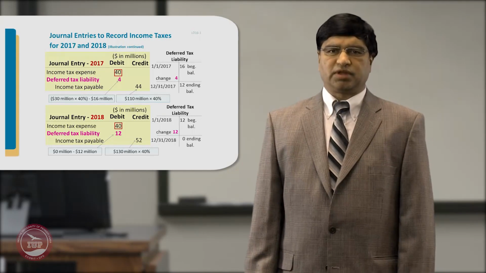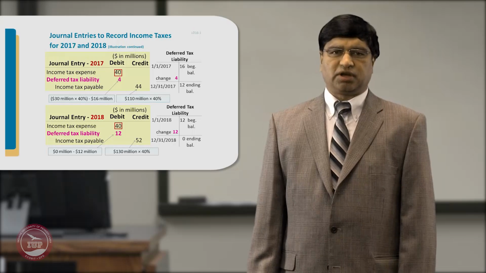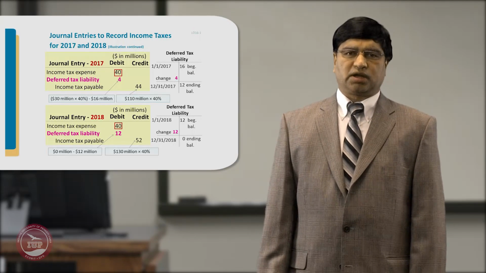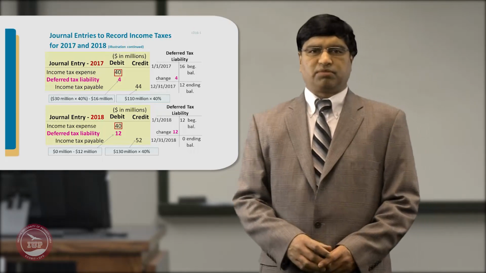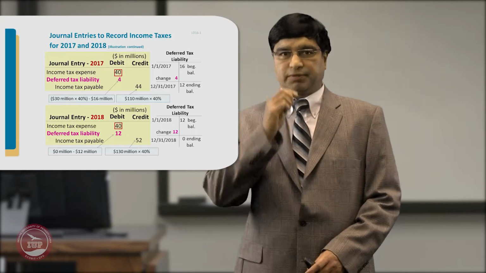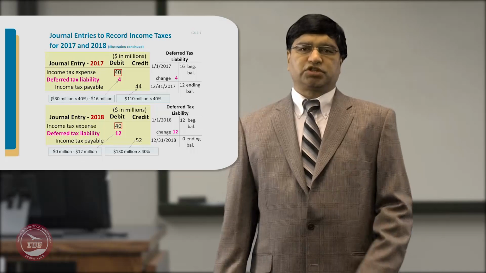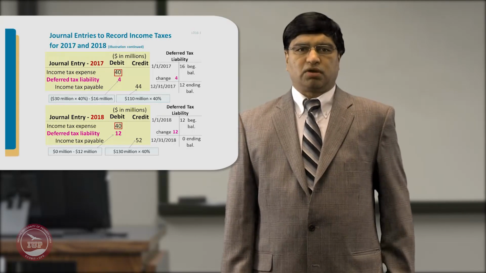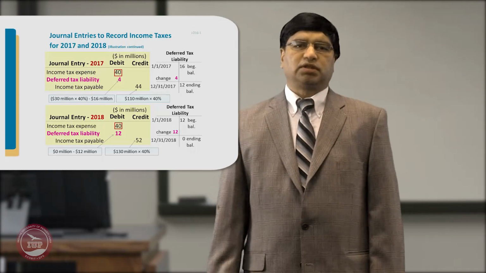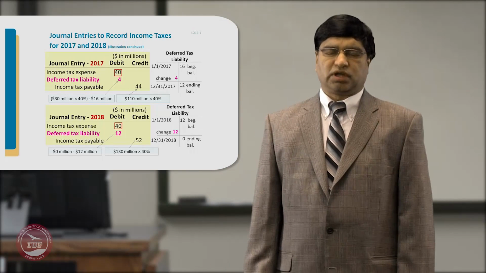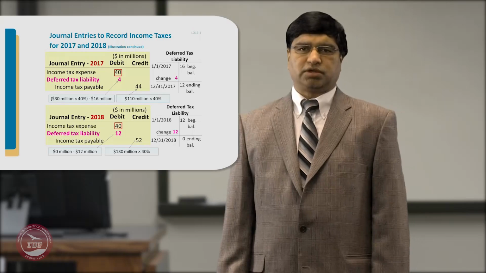So you have started with a balance of $16 million. If you look at the T account of the deferred tax liability, you have got a $16 million balance over there. So the income taxes payable is credited for $40 million, deferred tax liability of $16 million, and therefore the income tax expense is your $56 million debited.